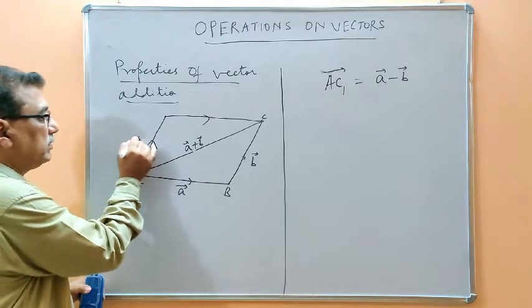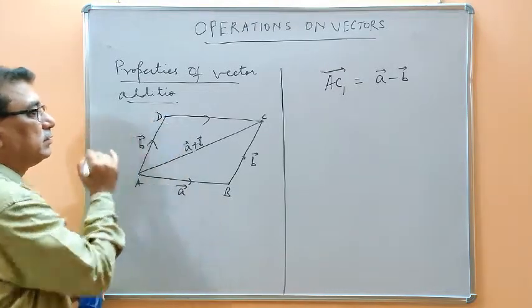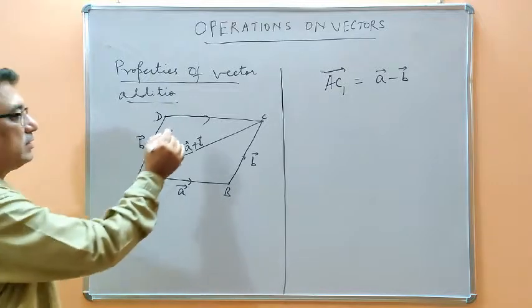So this is also B. Let us write this vertex as D, and this is A.